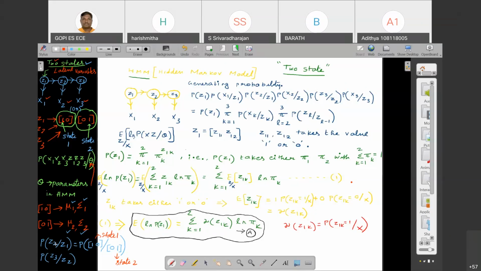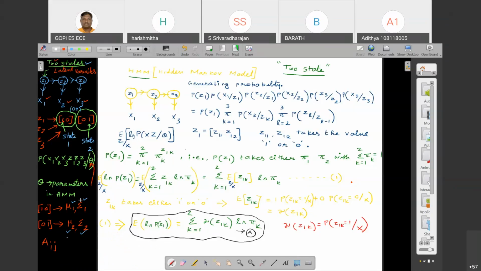Here I have chosen Z2 to be 1 0 and Z1 to be 0 1, but Z1, Z2 and Z3 can take any combination of 1 0 or 0 1. This change of state is what we call the transition probability, which is one of the parameters of this hidden Markov model, represented as A subscript ij.